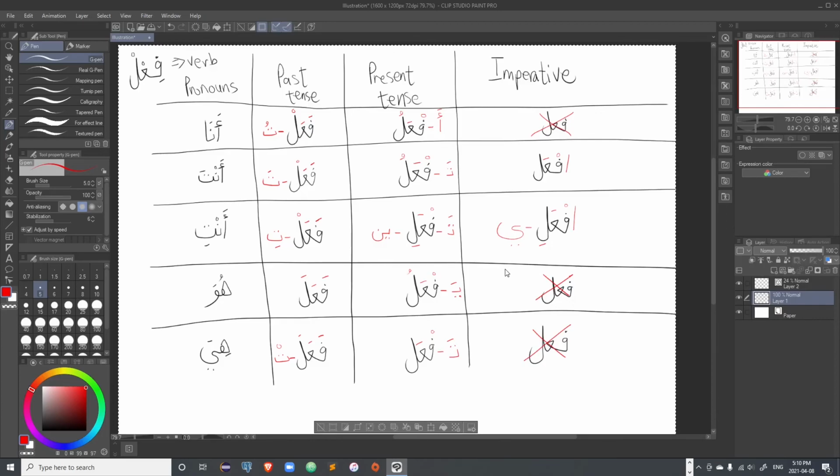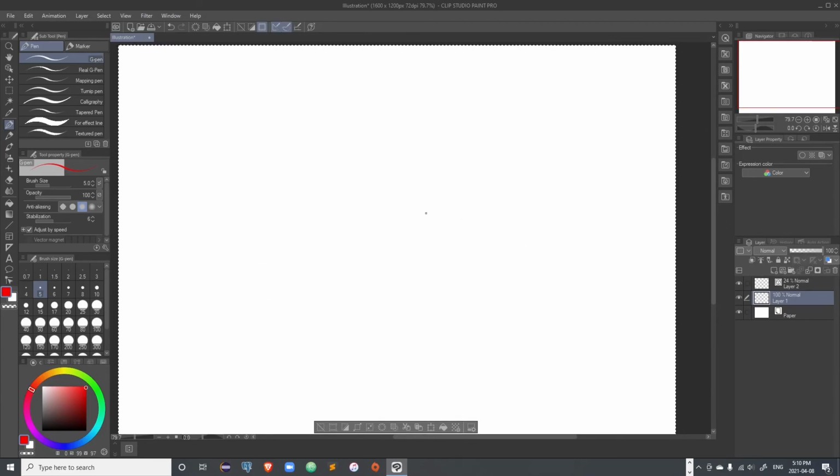So we are done with the singular. Now let us move on to the duality and then the plural, and after that we will cover a brief summary or a brief anecdote of the connecting hamzas, and that will be it for today.